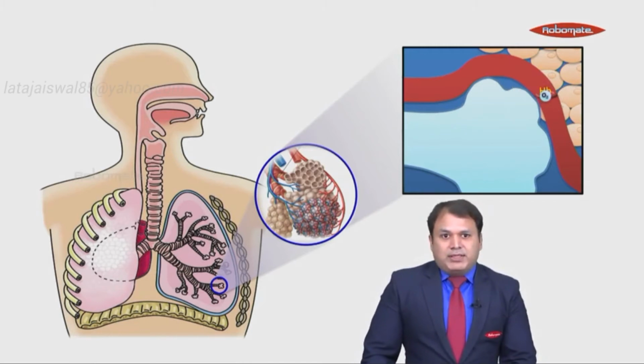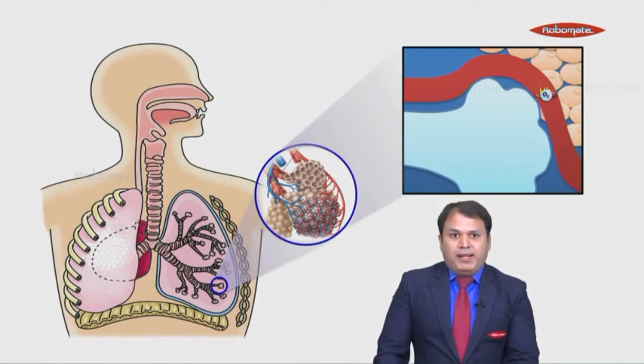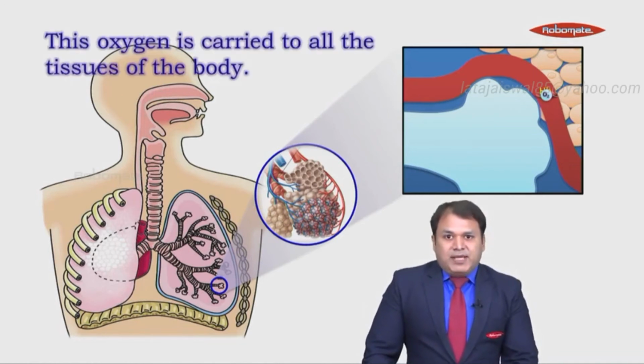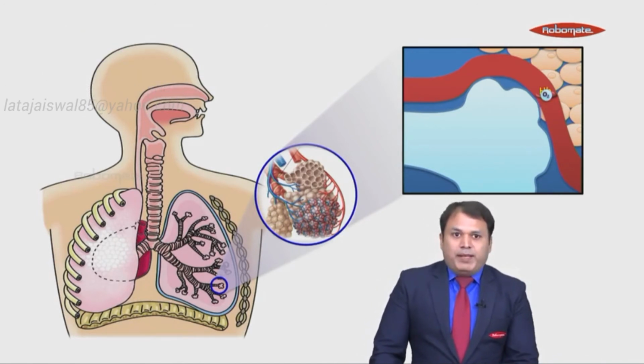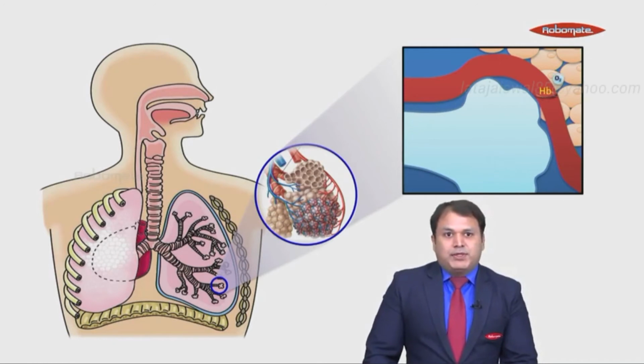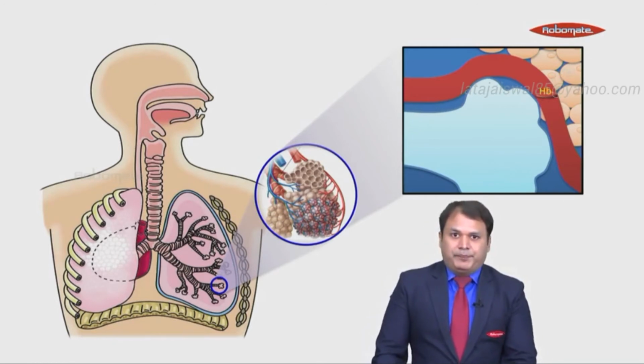Now this is the oxygen which is taken up by hemoglobin from the alveoli, and this oxygen is carried to all the tissues of the body by this hemoglobin. So it is hemoglobin which reaches this oxygen to all the tissues of the body.